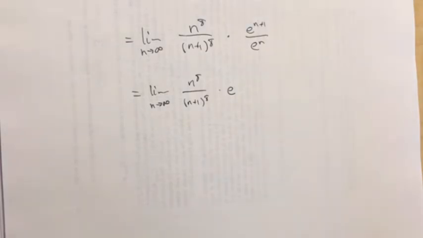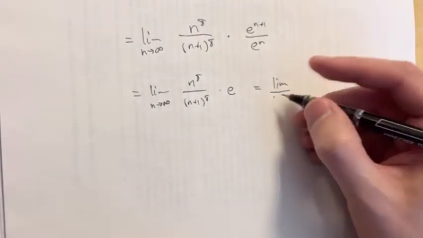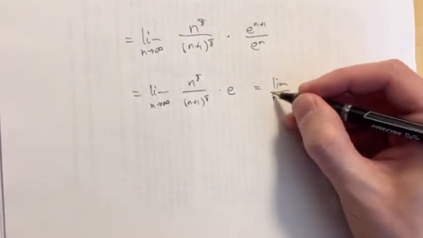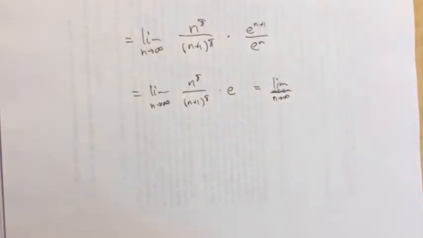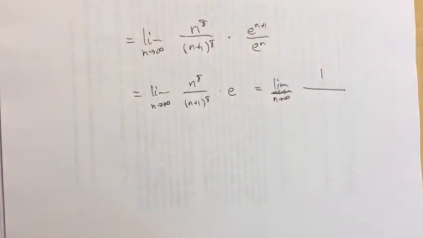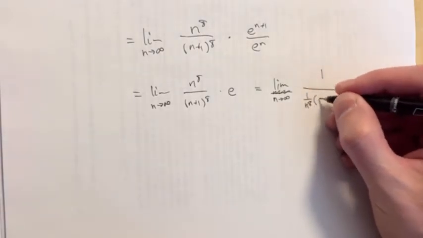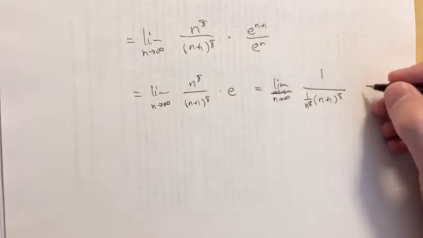This makes 1 on the top. The limit as n goes to infinity. I'm dividing the top and the bottom by n to the 8. On the top, I get 1, because n to the 8 divided by n to the 8 is 1. What happens on the bottom? This is really like 1 over n to the 8 times n plus 1 to the 8 times e.